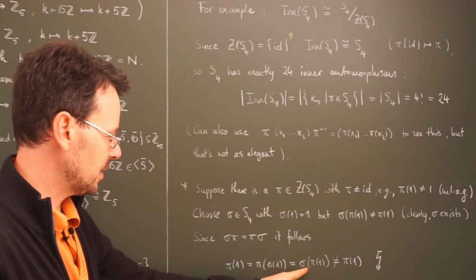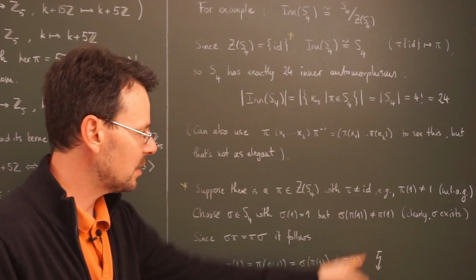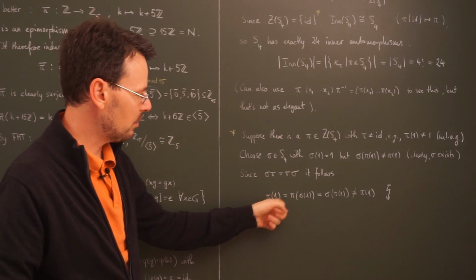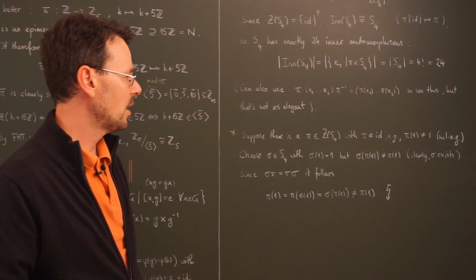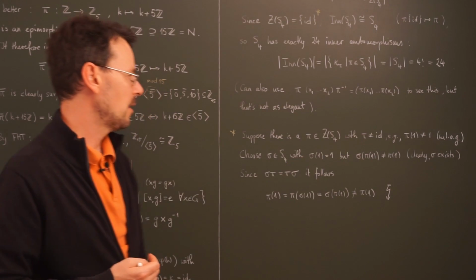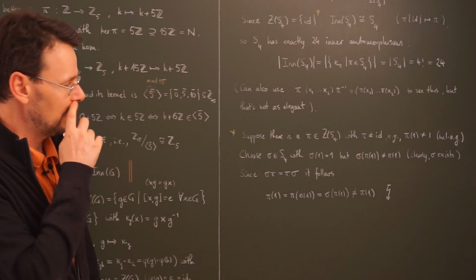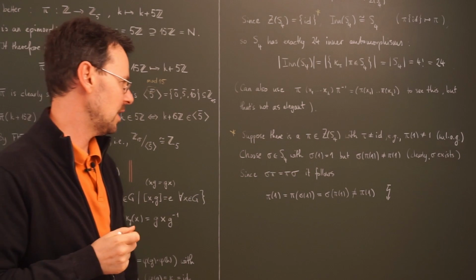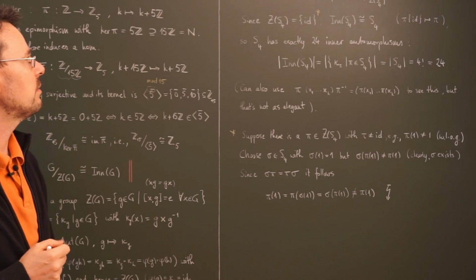So I end up with sigma of pi of 1, but this is by construction of sigma not pi of 1. So we end up with pi of 1 not being equal to itself, which clearly is absurd, showing that this must have been false. There cannot exist a non-trivial element in the center of S4. This, I think, is a neat little argument to see that the center of S4 is trivial.